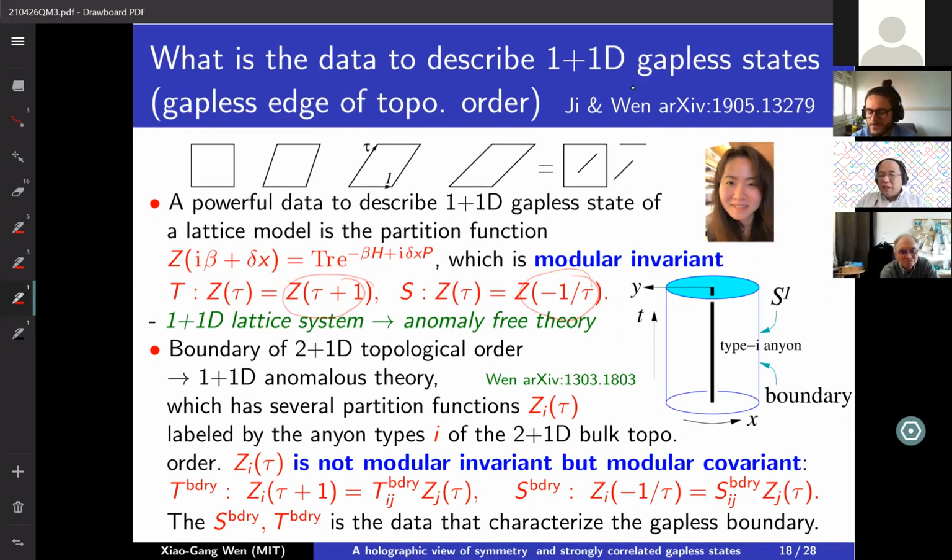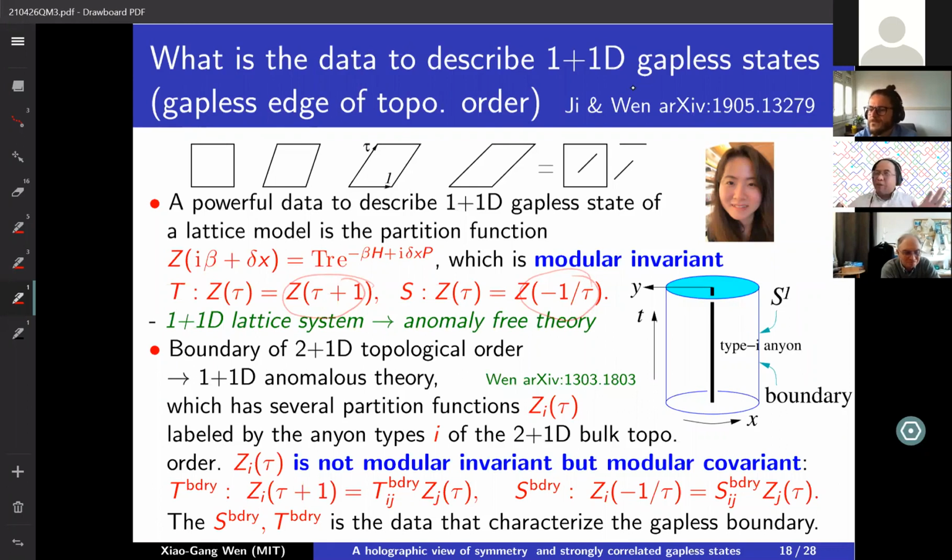Yeah. So more generally we can say that a topological order is a degenerate ground state, but we can deform our Hamiltonian and the ground state degeneracy remains the same. The space of deformations of the Hamiltonian is a moduli space. For every Hamiltonian we have a degenerate ground state, which is a vector. Therefore, the degenerate ground states give us a vector bundle on this moduli space of deformations of the Hamiltonian.